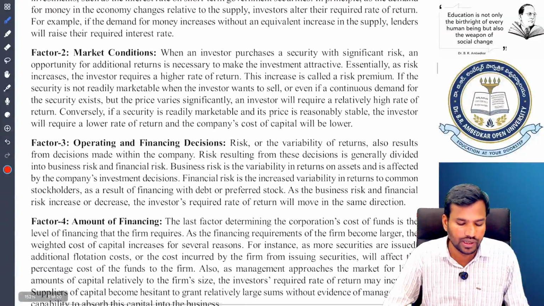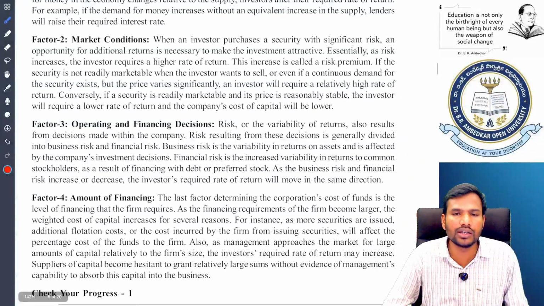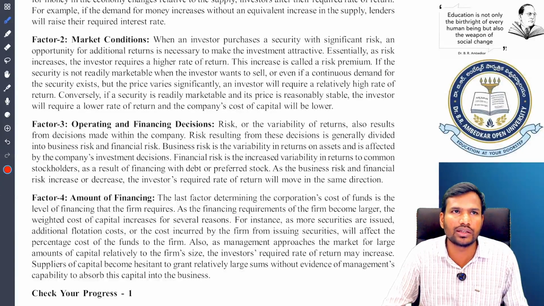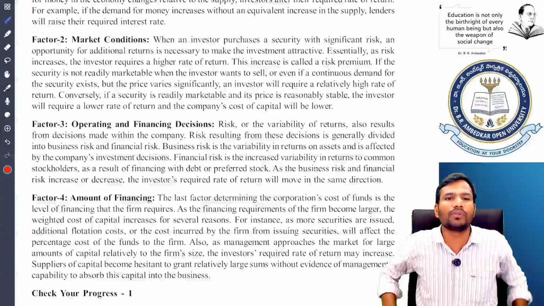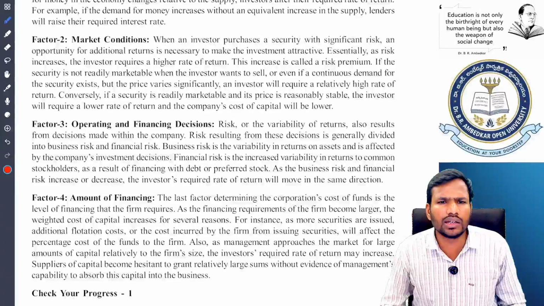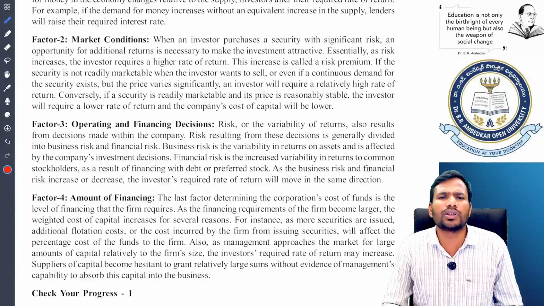Suppose for example, if the market conditions are good, if the public have money, they can invest easily. But if the availability of funds is not there in the society, no one will show interest to invest. Market conditions means if the stocks are performing well in the stock market, everyone will show interest.